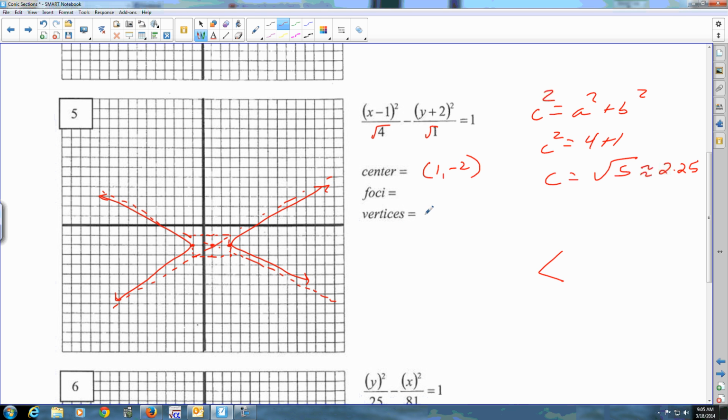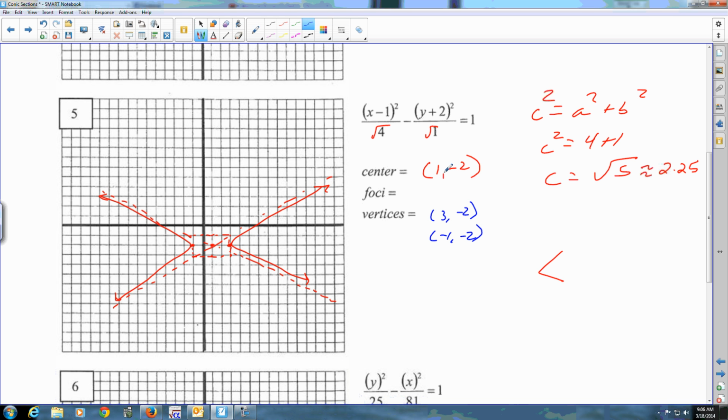So that means your foci have to be somewhere out here and somewhere out here, in a straight line with the vertices and the center. To find those values, you add c to the center. The vertices are 2 units right and 2 units left, so (3, -2) and (-1, -2).